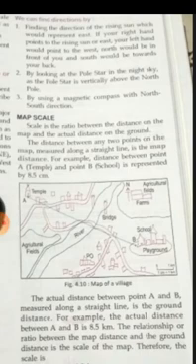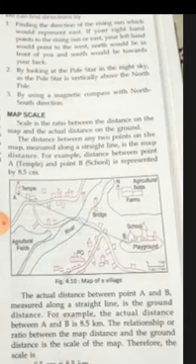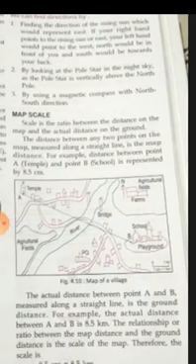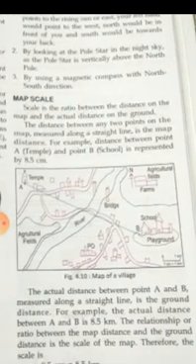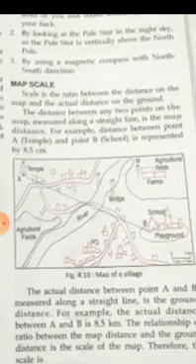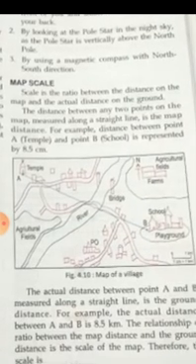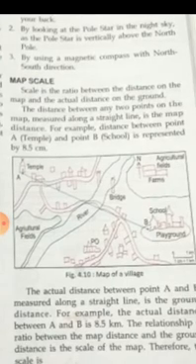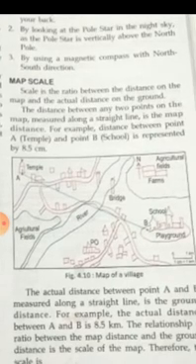Now, the next component of a map is map scale. Scale is the ratio between the distance on the map and the actual distance on the ground. The distance between any 2 points on the map measured along a straight line is the map distance. For example, in this map, point A is a temple and point B is a school, represented by 8.5 centimeter.